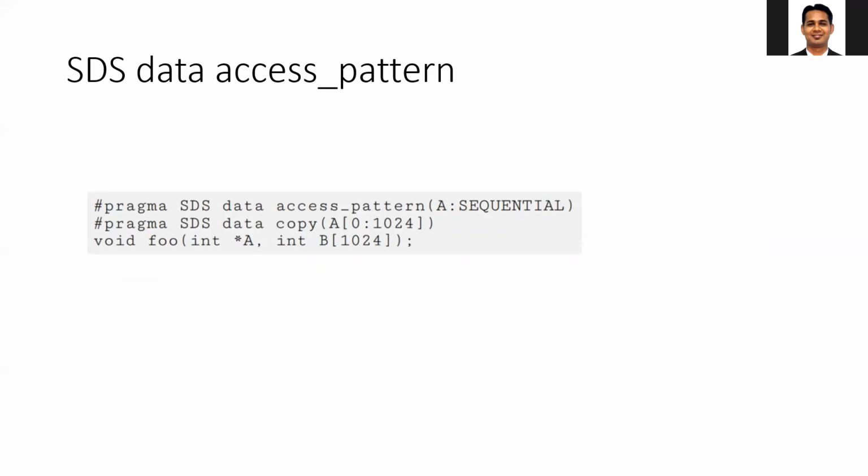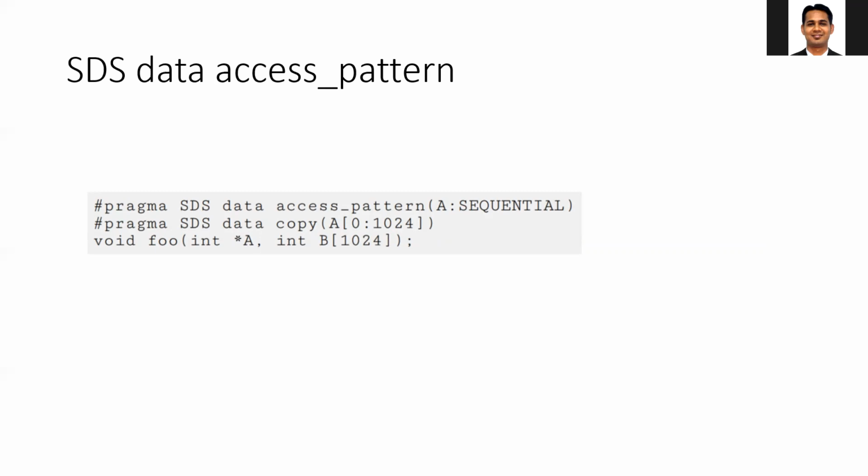Another example: here I have the function foo, where the first argument is a pointer A and the second is a vector B of size 1024. This pointer A can be a scalar pointer or a pointer to a vector. Using the pragma, I'm telling the tool that my A access is sequential. But for a scalar, sequential doesn't make any sense.